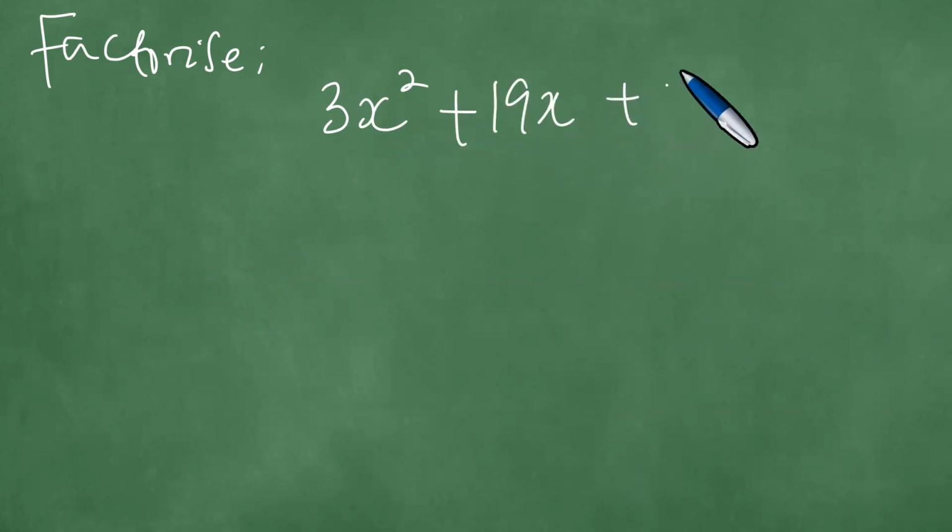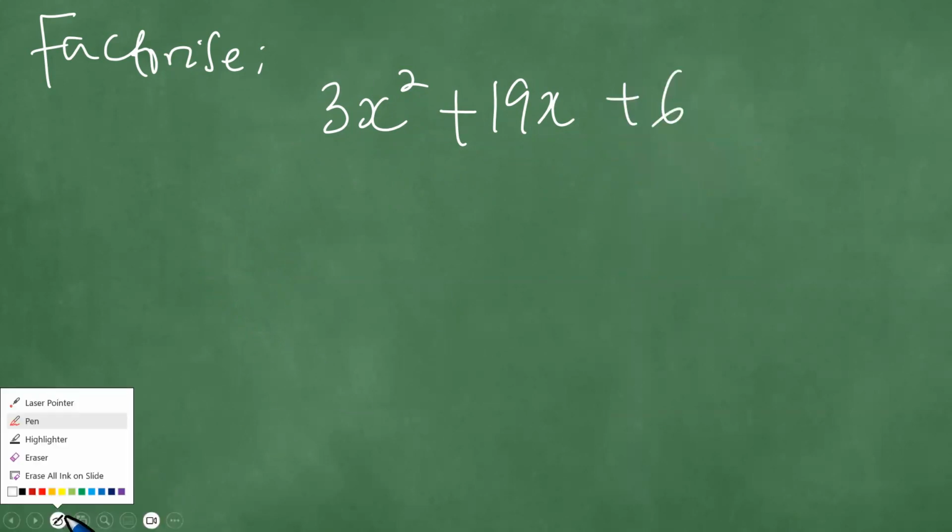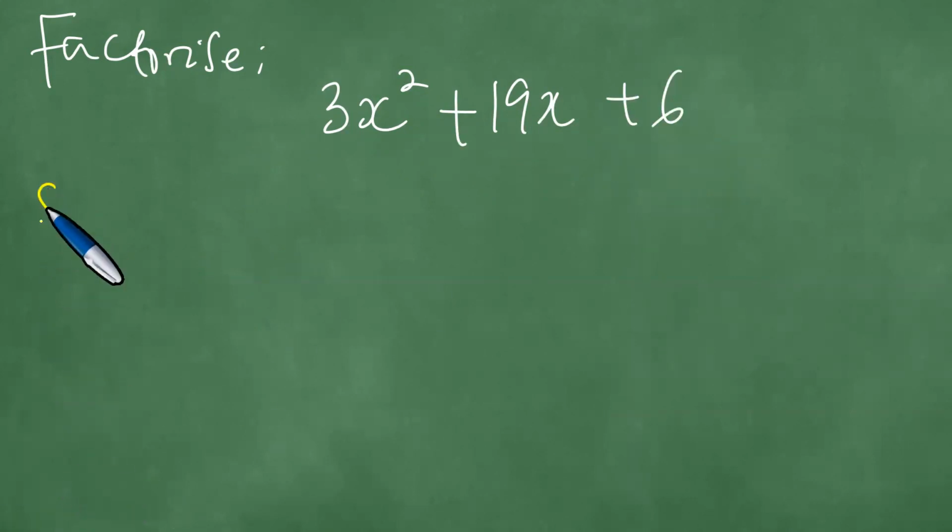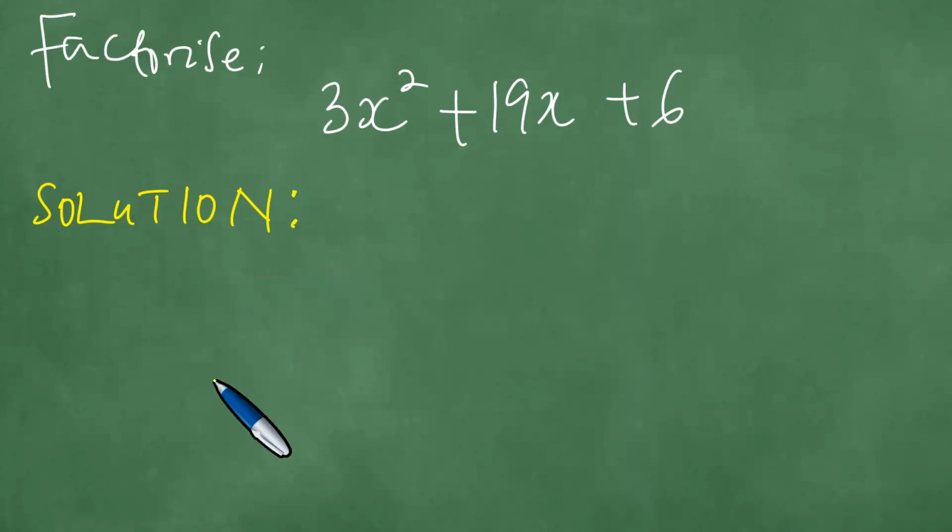That's the answer. What do we do here? Take it out. Okay, what do you think the first step is going to be here? What can you do first? First things first?